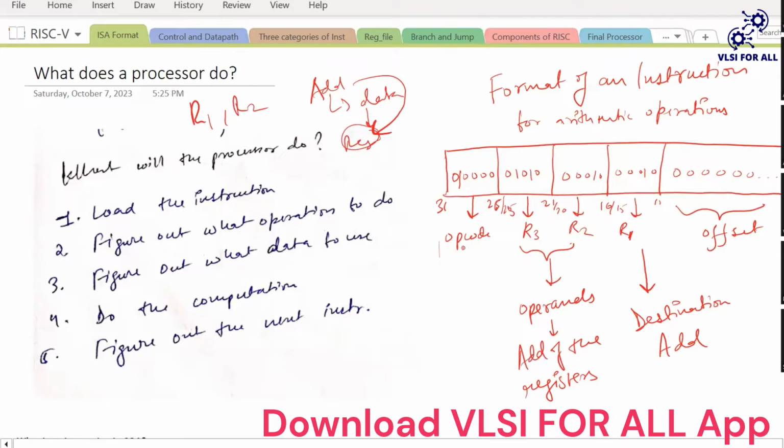Yes, sir. हाँ. So opcode basically tells what to do. करना क्या है हमको? Add करना है, subtract करना है, multiply करना है, load करना है. Whatever we want to do, opcode tells us. The first 6 bits of an instruction tell us what exactly the computer has to do.